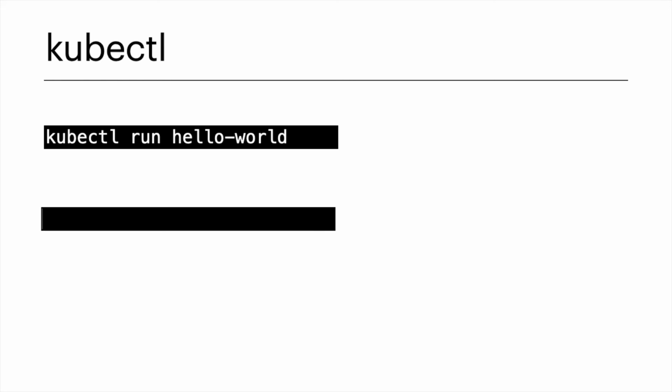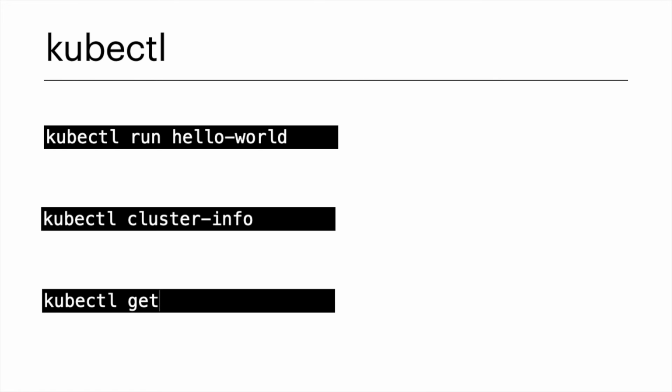The kubectl run command is used to deploy an application on the cluster. The kubectl cluster-info command is used to view information about the cluster, and the kubectl get nodes command is used to list all the nodes that are part of the cluster.